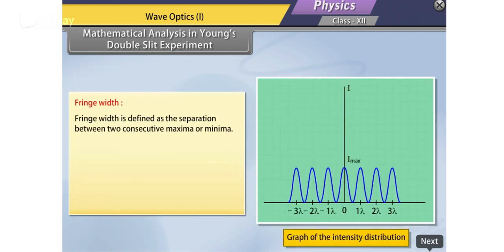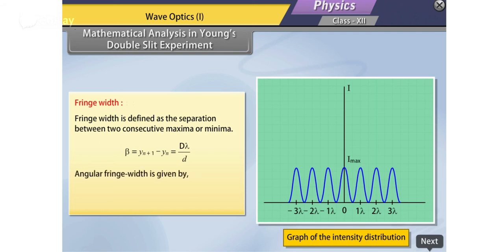Fringe width. Fringe width is defined as the separation between two consecutive maxima or minima. Beta is equal to yn plus 1 minus yn, which is equal to capital D lambda upon small d.